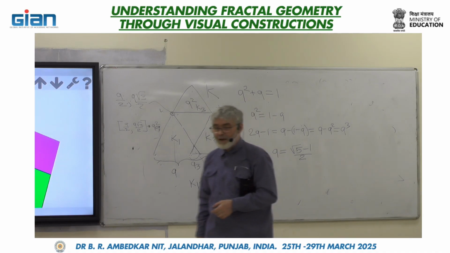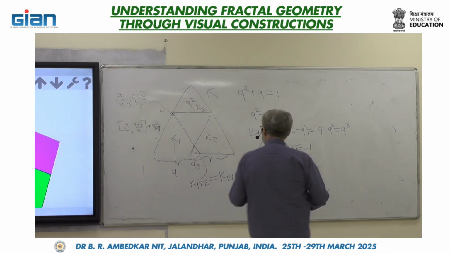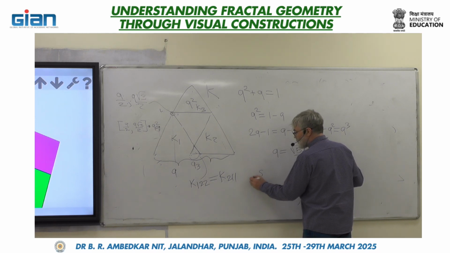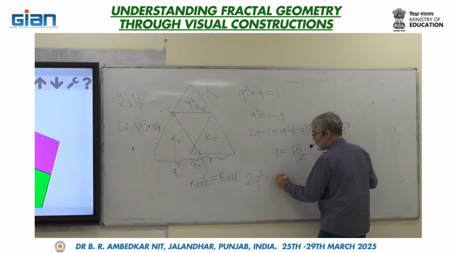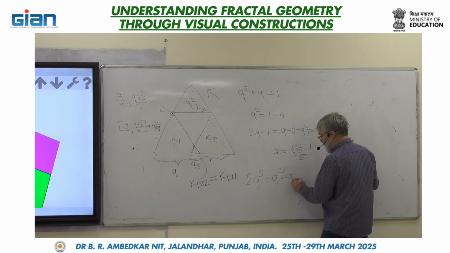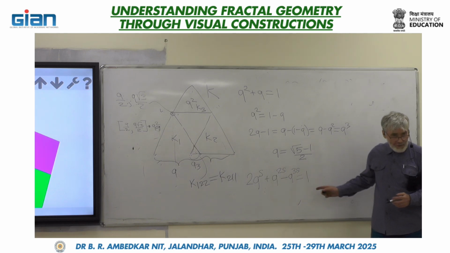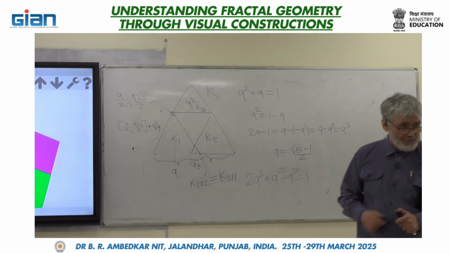Therefore, we can write the measure: q to the power of s plus q to the power of s plus q to the power of 2s minus q to the power of 3s should be 1. And this will be the equation for the similarity dimension, which takes into account the exact overlap.